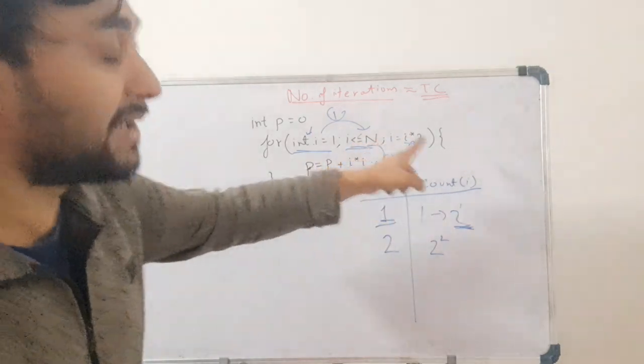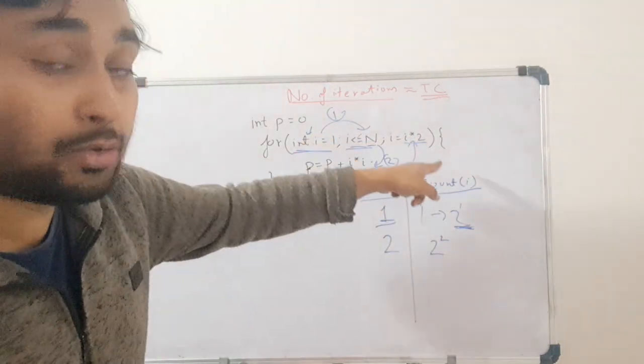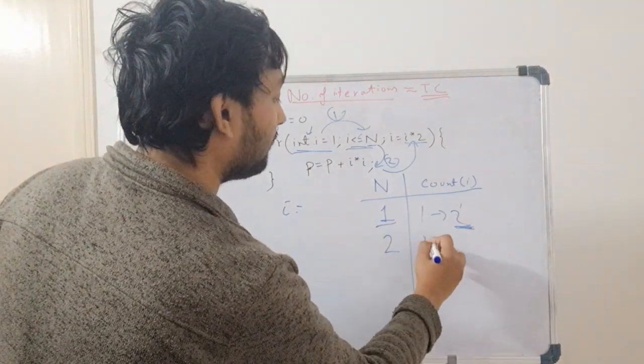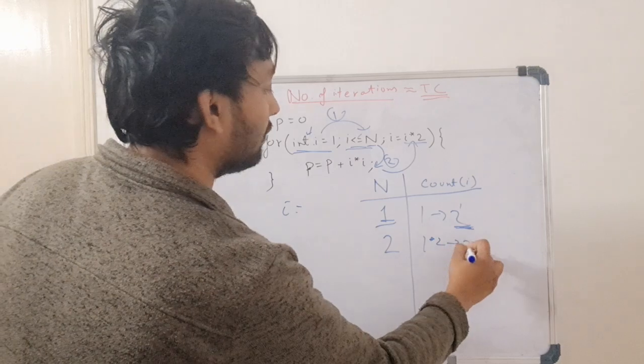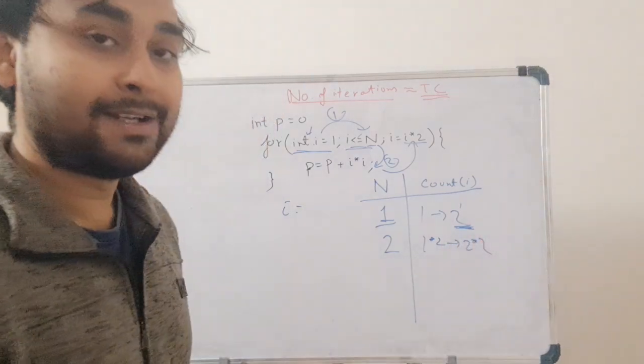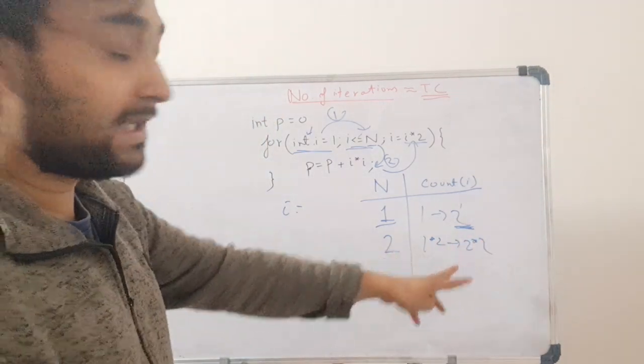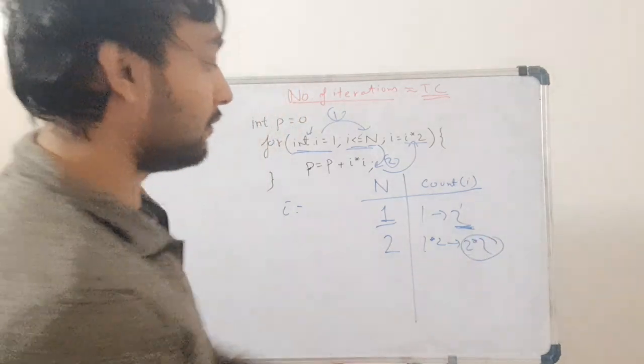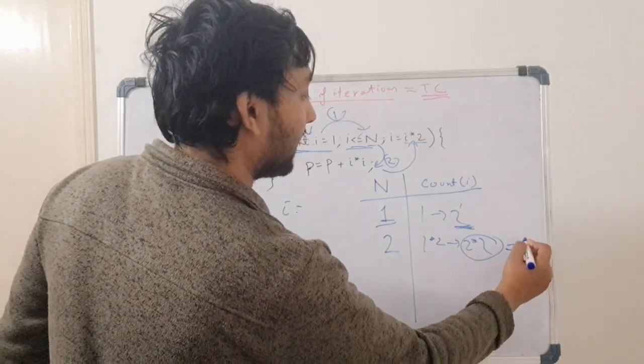So first 1 into 2, then 2 into 2. So 2 times it will work, right? At max it will go till 2 into 2, which is 2 square.